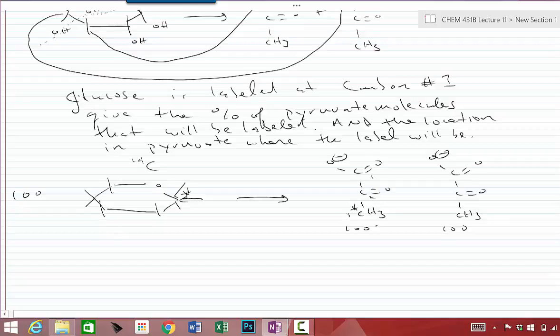So my question to you is, how can we make a glucose so that we make sure that 100% of the pyruvates are radiolabeled at the number 3 position? Where do we need to put the radiolabel in the glucose?